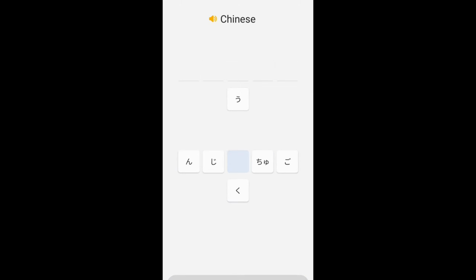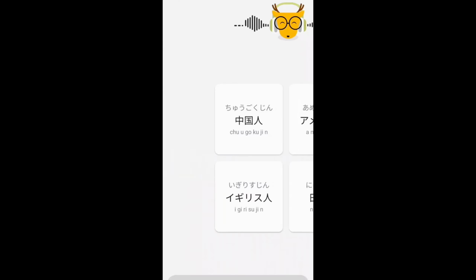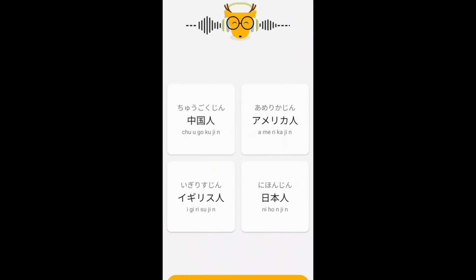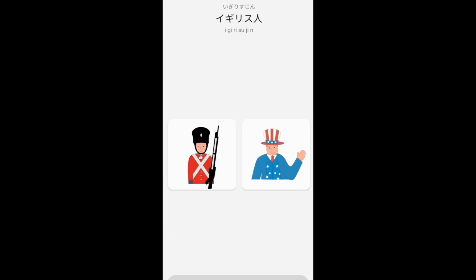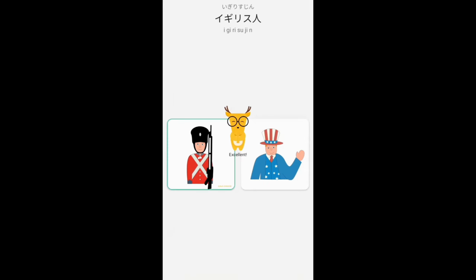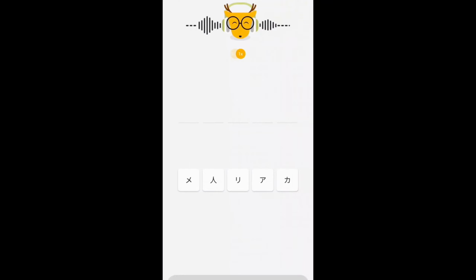British is Igirisujin. And this is Chugokujin, Chinese. Okay, and what is Nihonjin? Select Nihonjin. Yep, the last one. What is British? What is American?